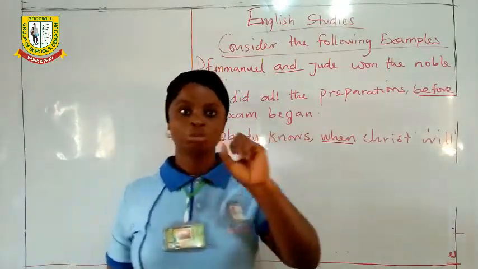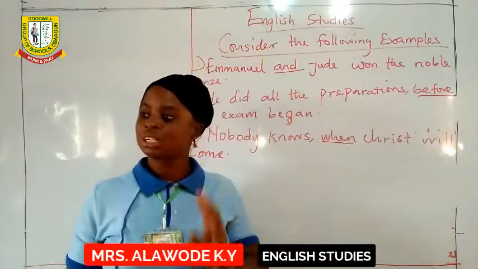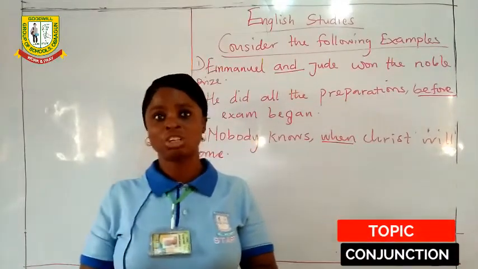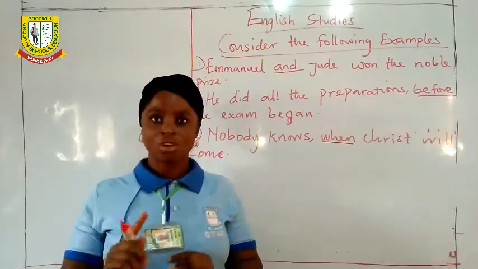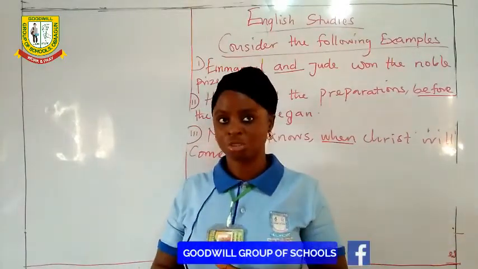So I want to explain the types of conjunctions. We have three types of conjunctions. The first one is coordinating conjunctions. We have correlating conjunctions and subordinating conjunctions.